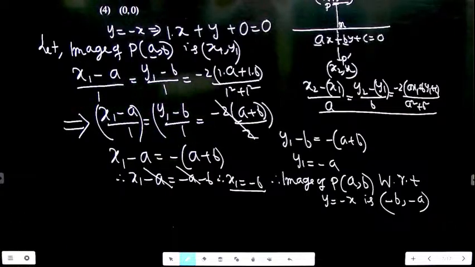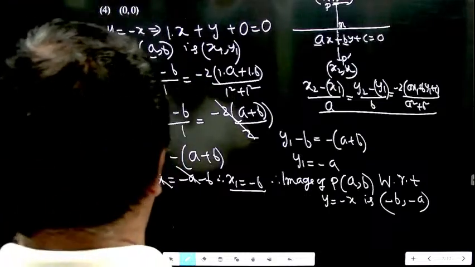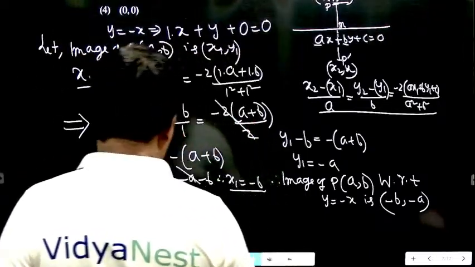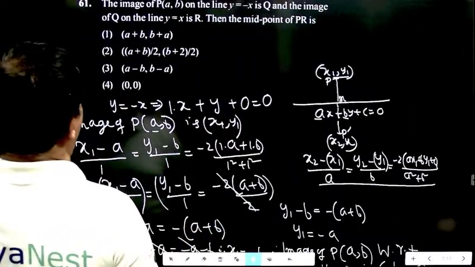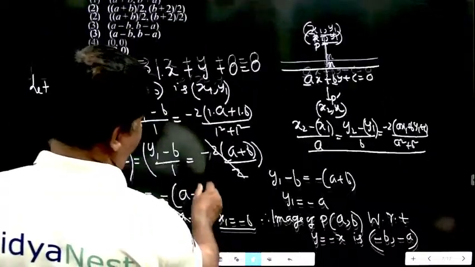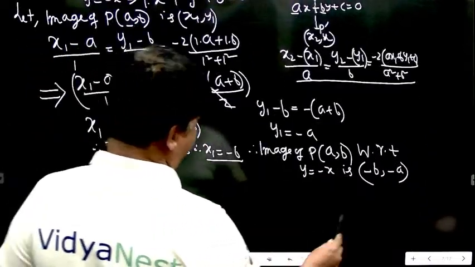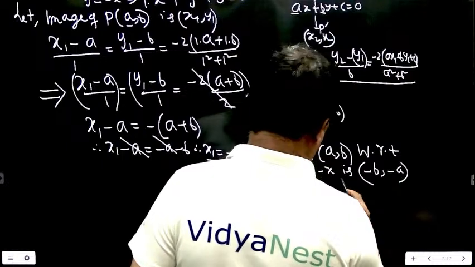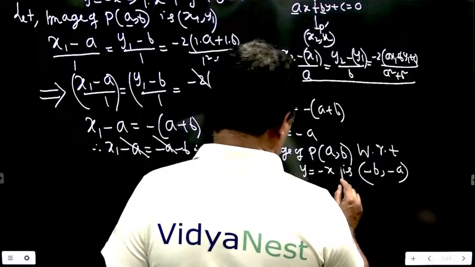Yes, sir. Clear. Now that derived point's image has to be found with respect to another line. See, the image of this is Q actually. This point is Q according to the question.